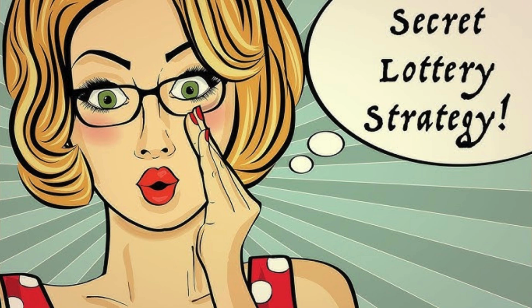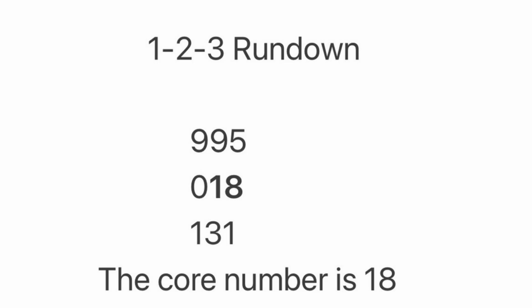I randomly chose a state. This number that I'm going to do the workout is going to be 995. And with this very simple workout, I like to have core numbers. Core numbers are very important because they're going to make up 2 absolute digits that are going to be in the numbers that you're going to play.